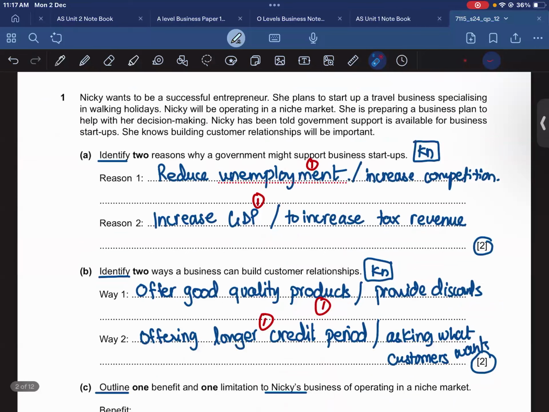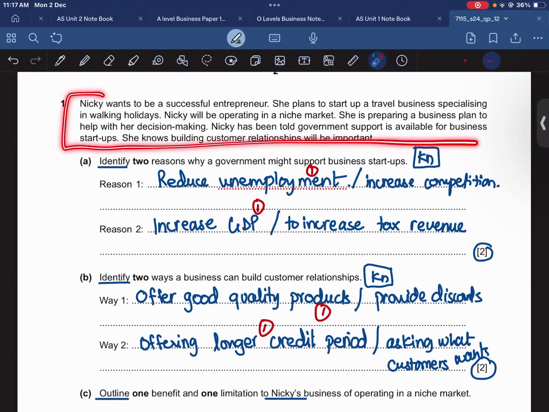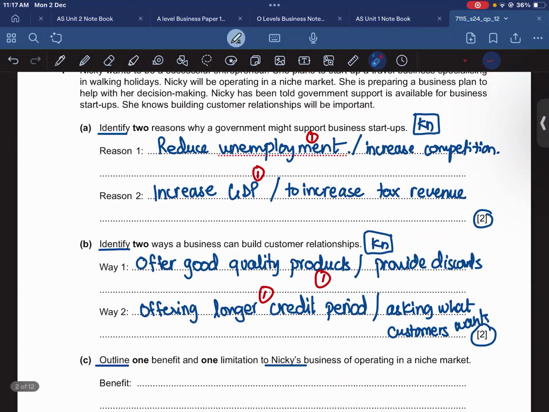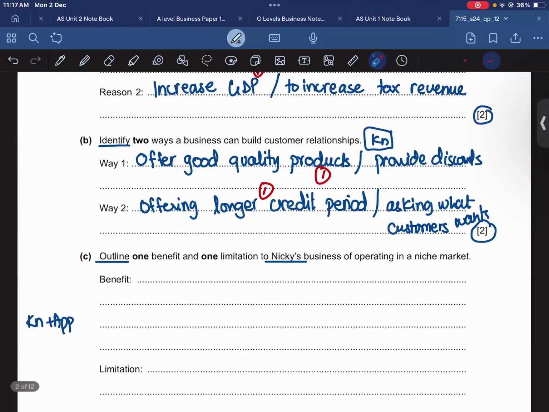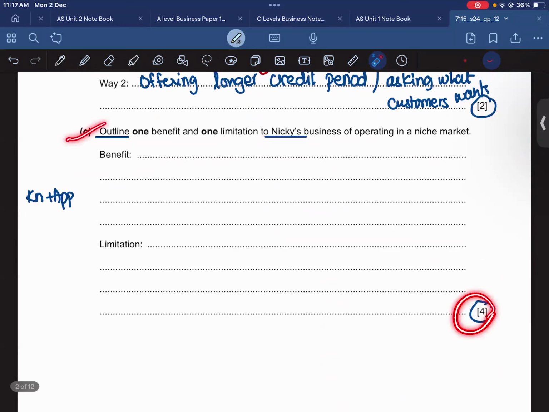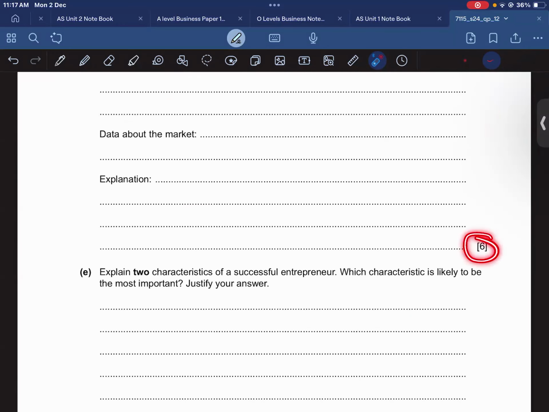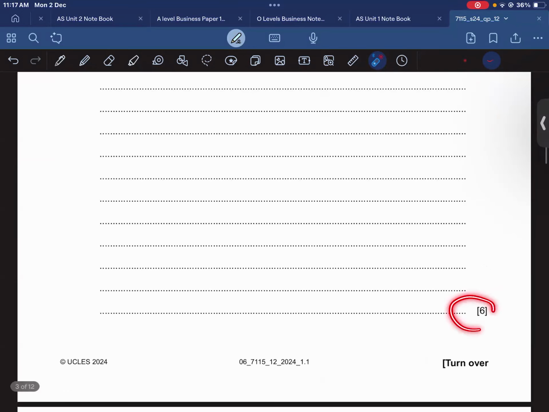Now over here we have a paper question, and basically a short stem is given for the question, and the question has its different parts. When we go through the different parts, we can see that there is an A part of 2 marks, there is a B part of 2 marks, there's a C part of 4 marks, there's a D part of 6 marks, and there's an E part of 6 marks again.